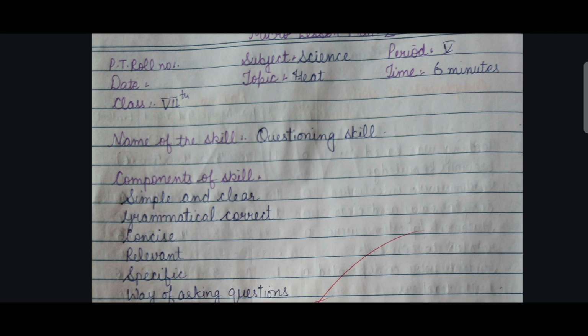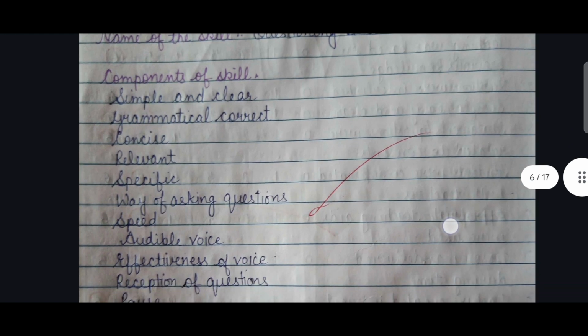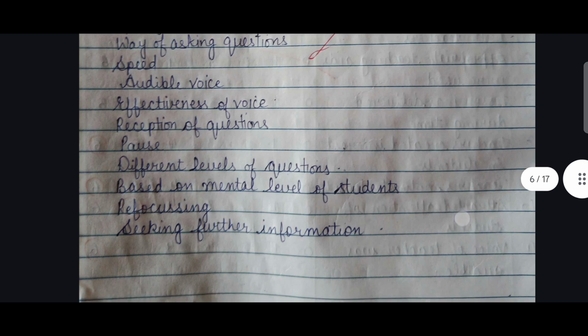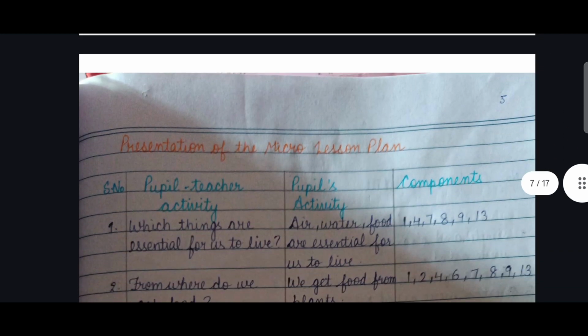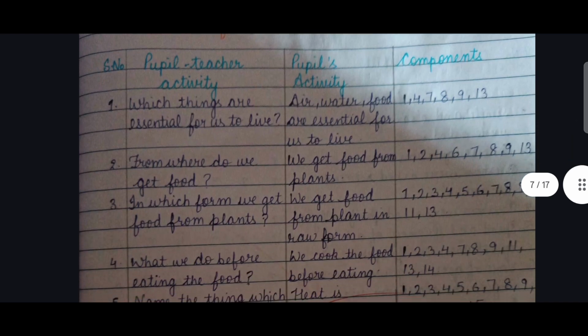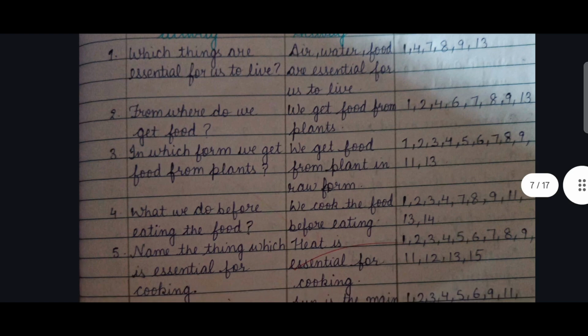The name of the skill is questioning skill. The components given here are different from the previous one, like questions that we ask while teaching the lesson. These questions can be sectional recapitulation questions, final recapitulation questions, or introduction questions also.